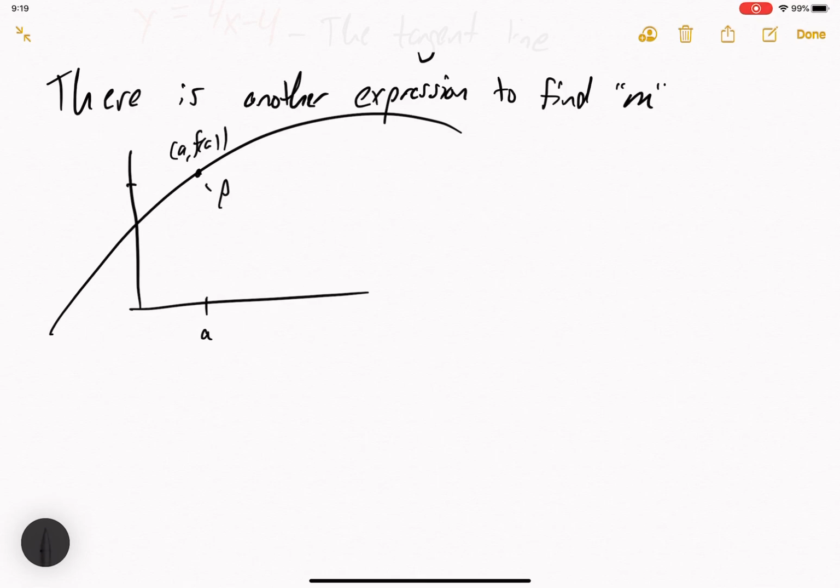This is where you guys see that I hate these squiggles. We call this distance h. If you just move over to the right by h, then this point right here will be A plus h. And then this point will be (A plus h, f of A plus h).